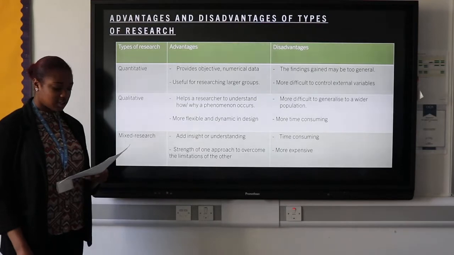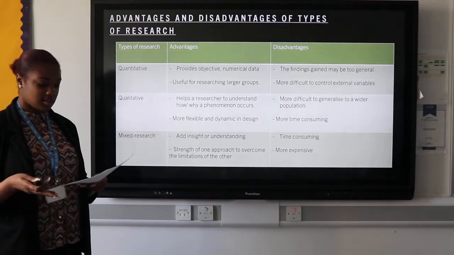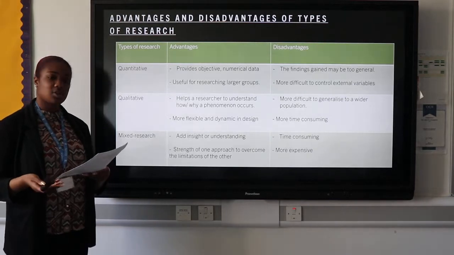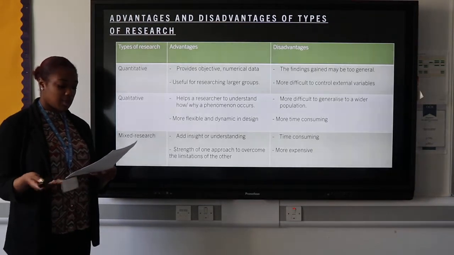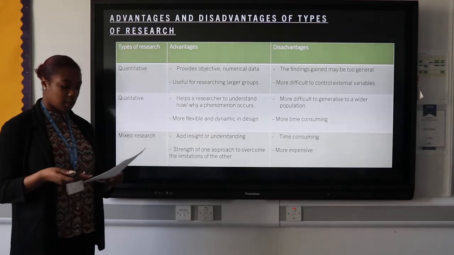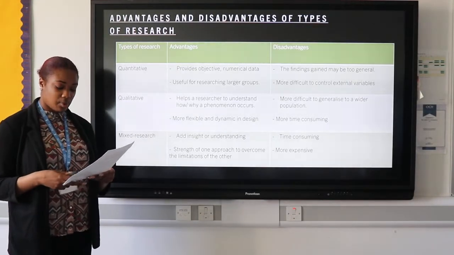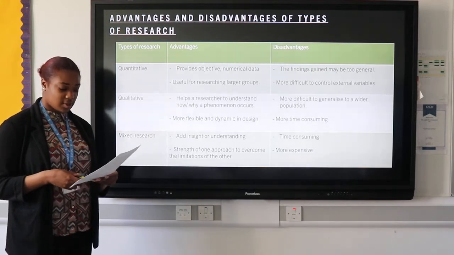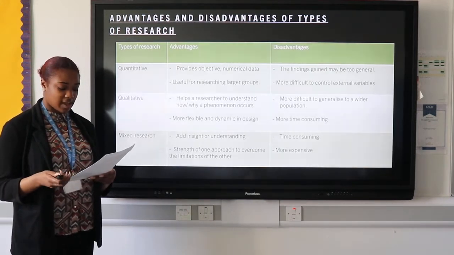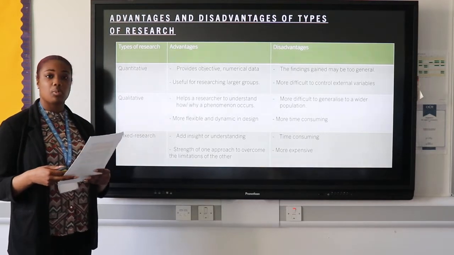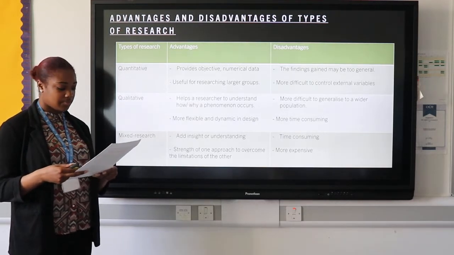However, a disadvantage is that the findings of the data collected may be too general. This is because it often uses larger group sizes, which may result in less specific knowledge in comparison to examining a single sporting population. Another disadvantage is that it's more difficult to control external variables, for example diet, and this is due once again to large group sizes.